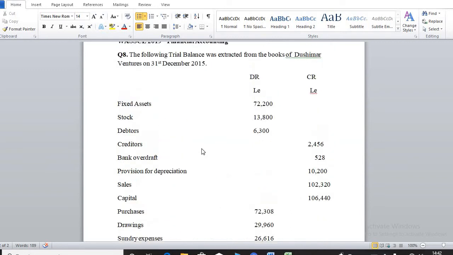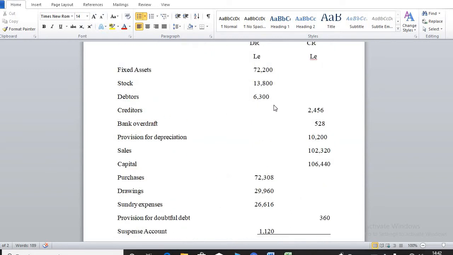Because when we were reducing their account, we used the wrong figure, which in effect overstated the payment by 180, the account here, 2,456, has been understated by 180. So we have to add it back. And in adding an amount to the creditor's account, you have to credit the account because creditors have credit balance.